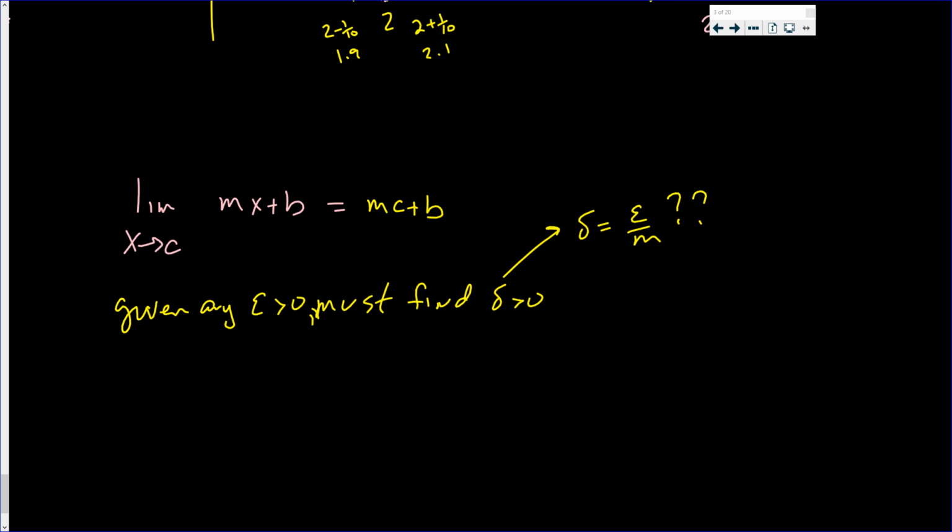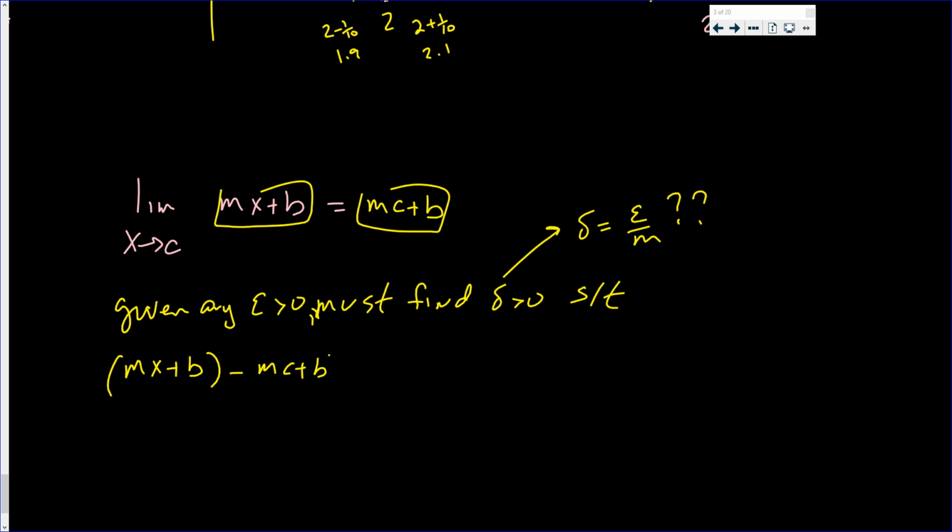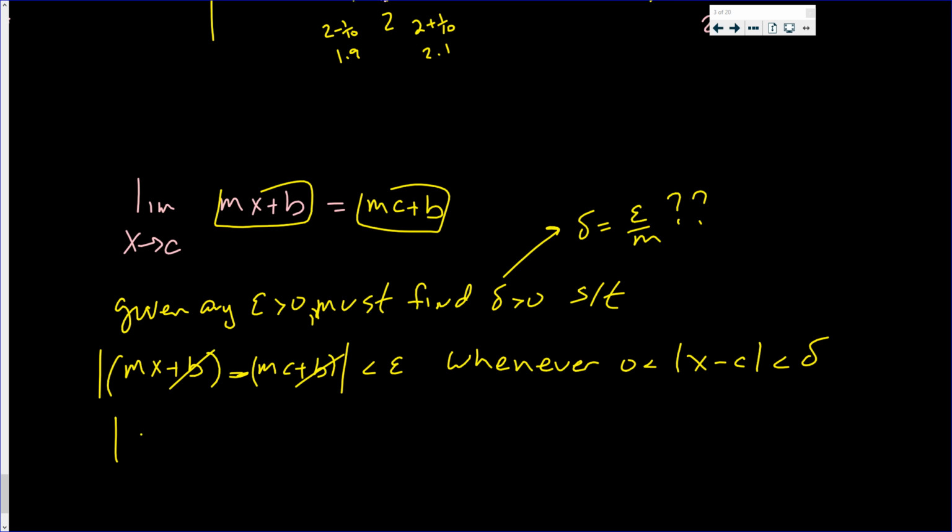We want to find delta greater than 0 such that the function mx plus b minus the limit mc plus b in absolute value is less than epsilon whenever 0 is less than |x minus c|, which is less than delta. Well, if you have plus b and you're subtracting, they cancel. So now what's left is mx minus mc. We can factor out the m from there.